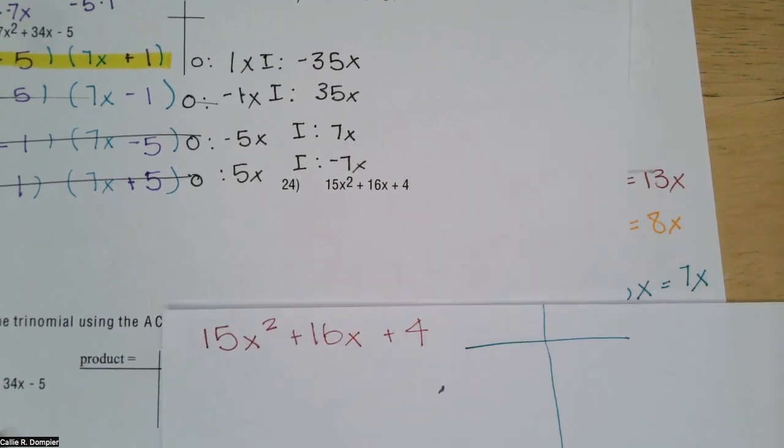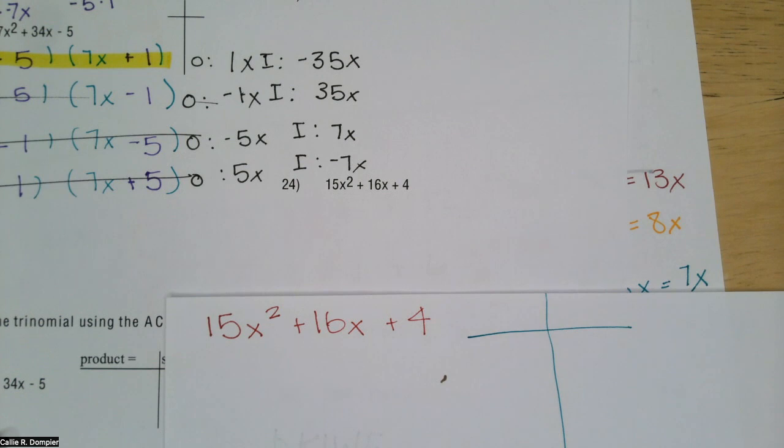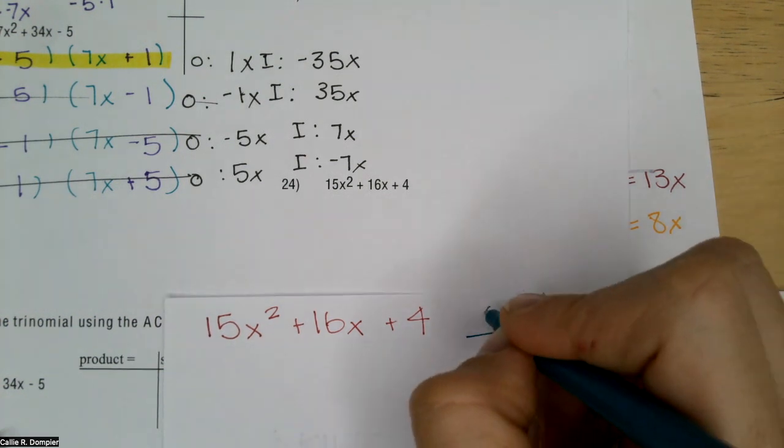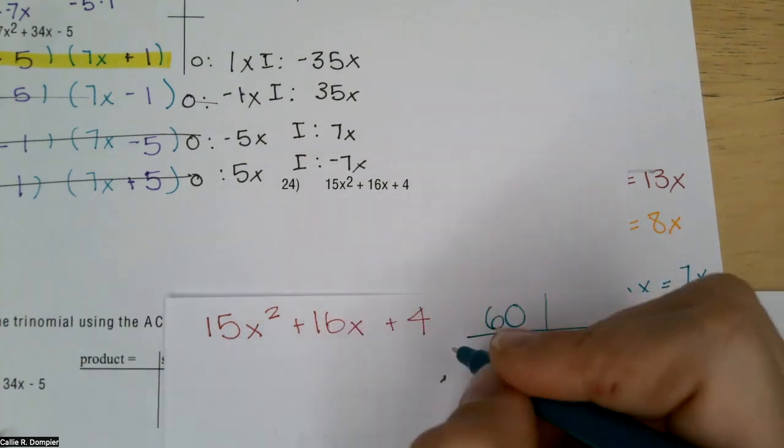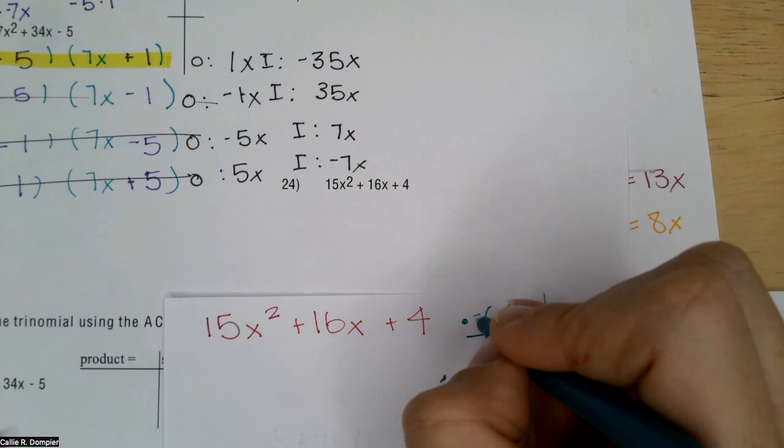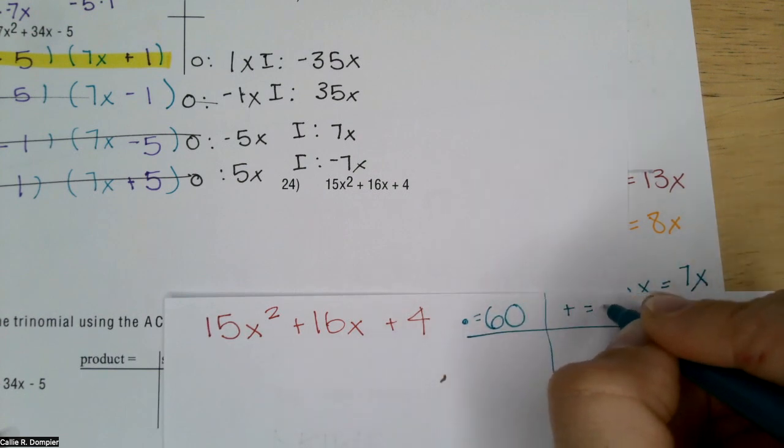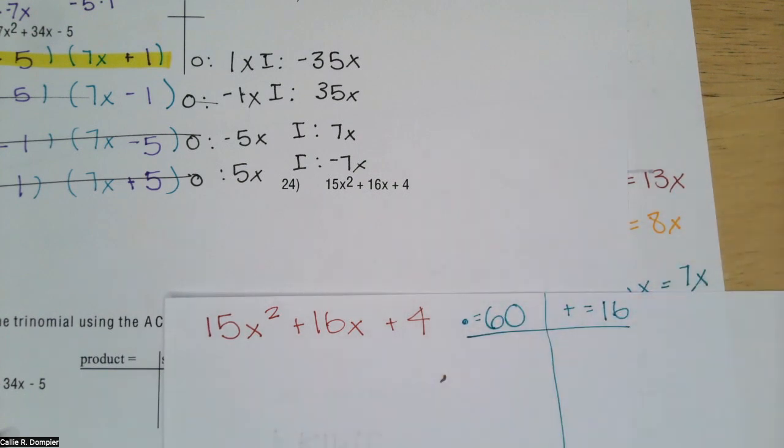So 15 times 4 is 60. And then we need it to multiply to equal 60, and we need it to add to equal 16.